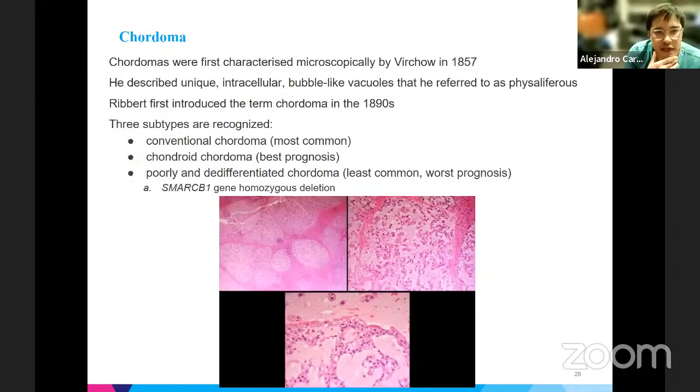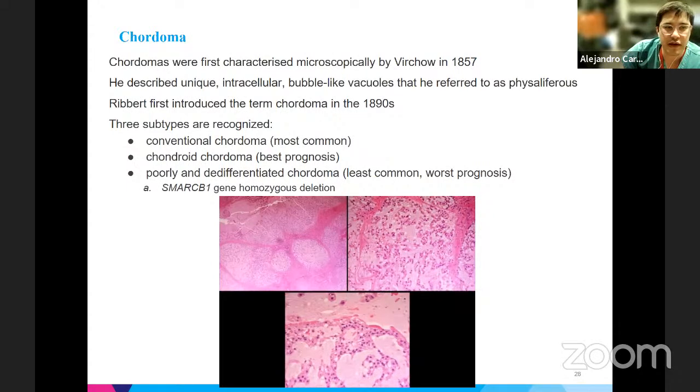They were first characterized microscopically by Virchow, and he described the pathology of it as these bubble-like vacuoles that he referred to as physaliphorous, a pathognomonic pathology term for them. But Ribbert first introduced the term chordoma in the 1890s.